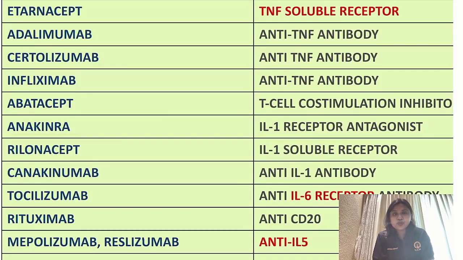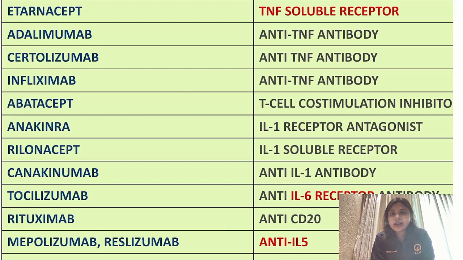Next, we come to the biologics that we use in rheumatology as well as in entire pediatrics. So first, we are going to do the TNF alpha inhibitors. Now, in this chart, please take a note where I have written about the anti-TNF antibody or anti-interleukin antibody, and where I have mentioned the word receptor.